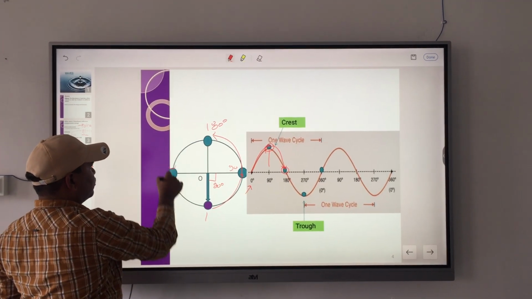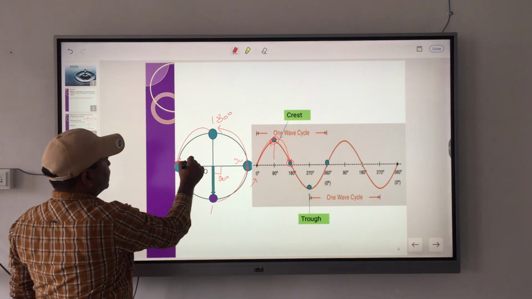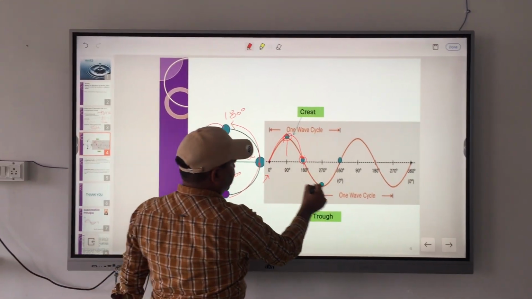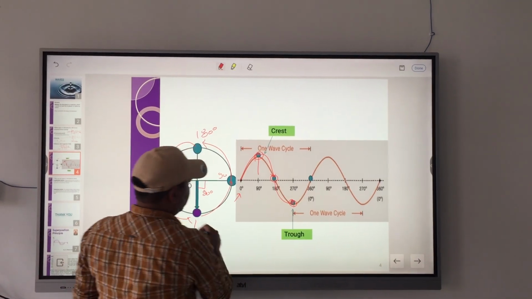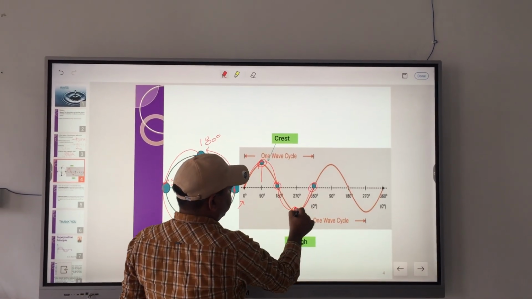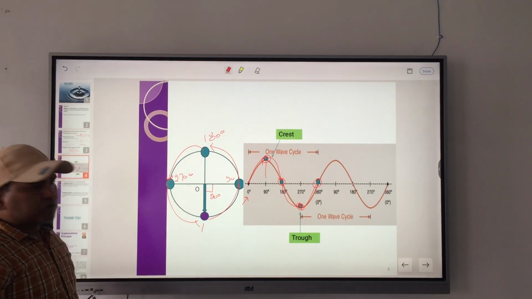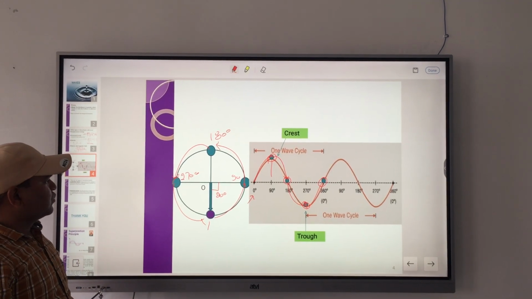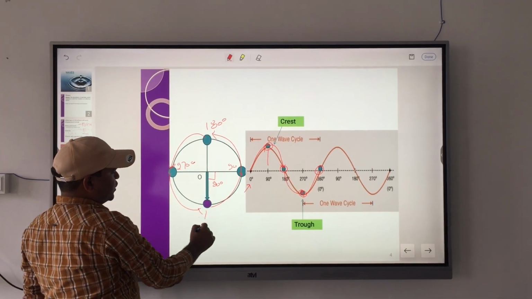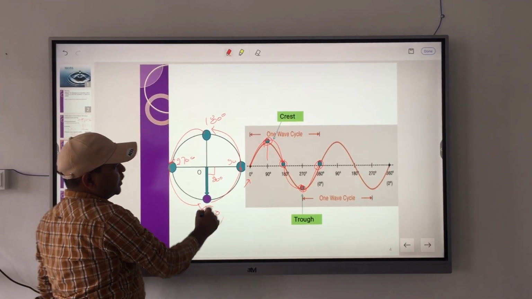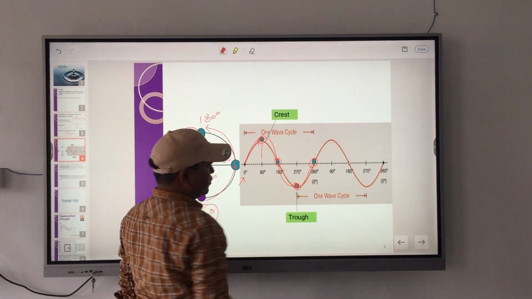After this pendulum moves to 270 degrees, we have reached this point. So from one end, at 360 degrees, one full wave is formed. So one circulation of 360 of our pendulum will create one pulse of the wave.